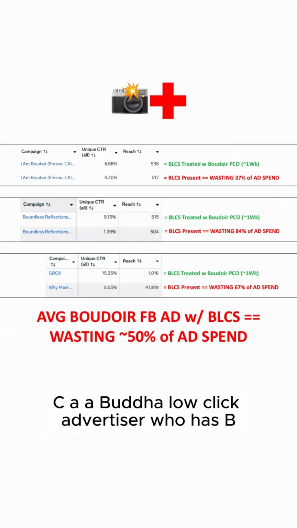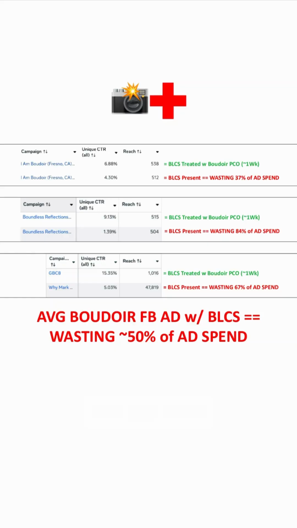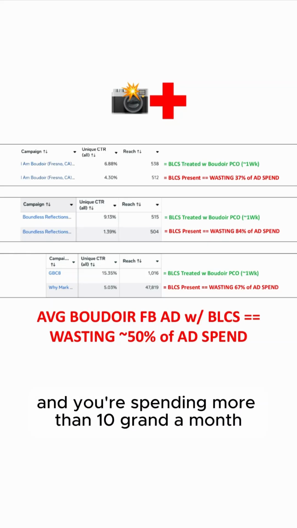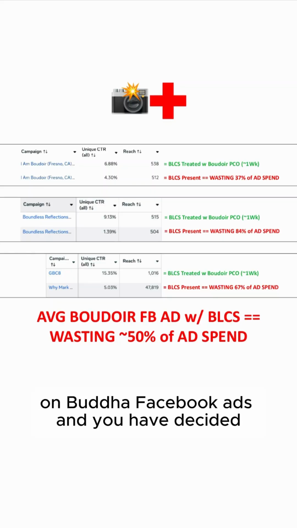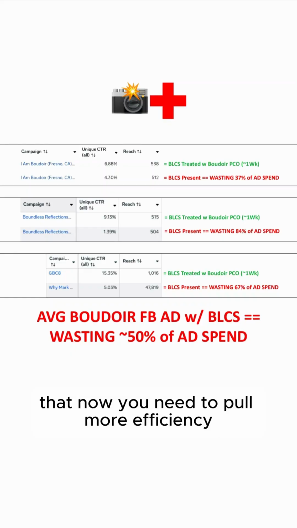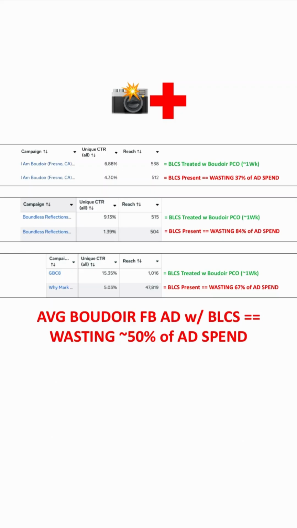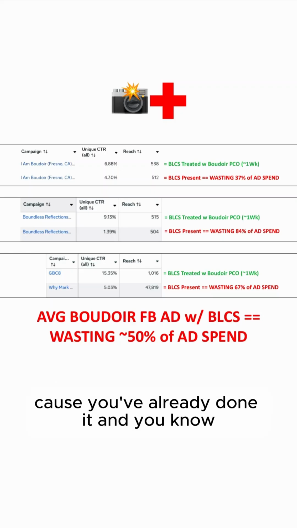If you're a BLCA, a boudoir low click advertiser who has BLCS, boudoir low click syndrome, the unique CTR of your boudoir Facebook ads is under 6%, and you're spending more than 10 grand a month on boudoir Facebook ads, and you have decided that now you need to pull more efficiency, more profit out of your business by making your boudoir Facebook ads more efficient, because you've already done it in other places in your business.